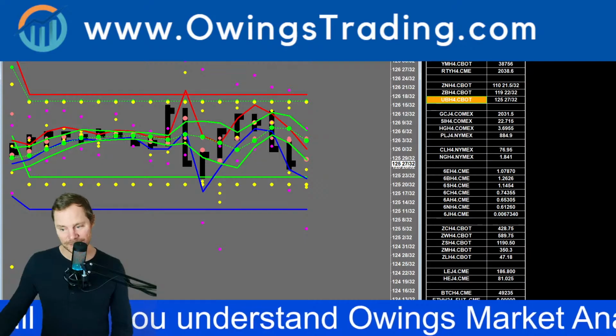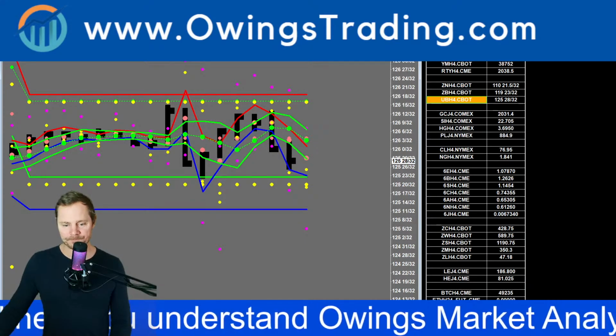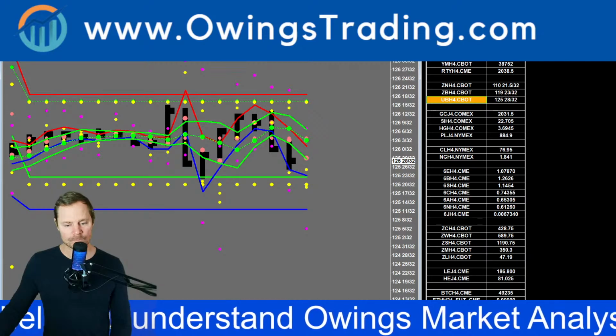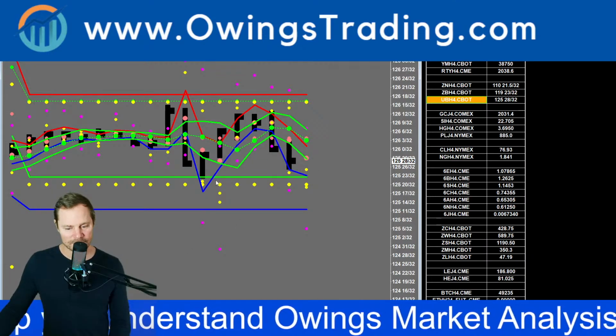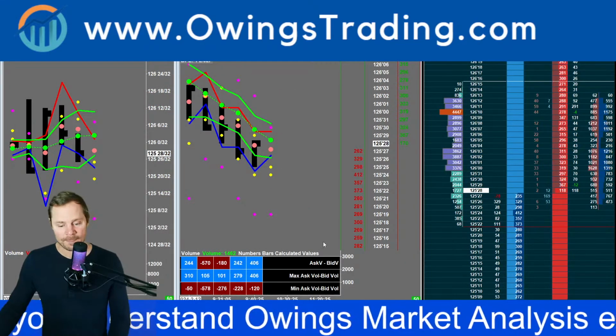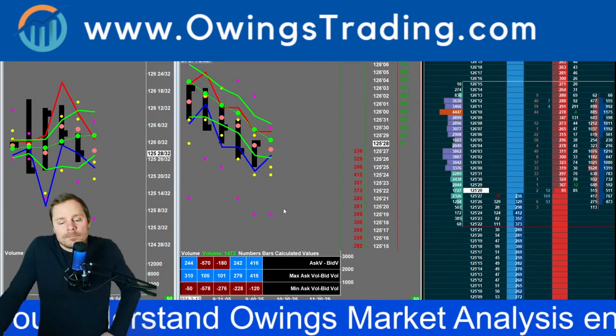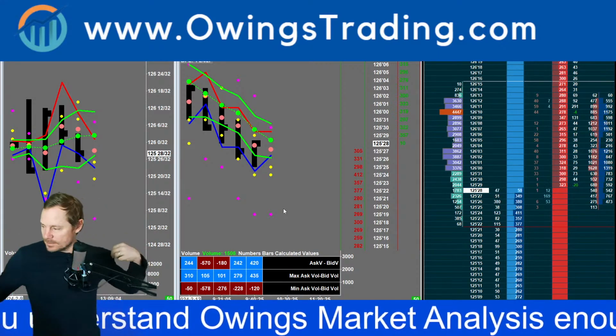So gold still at 2031, silver 2270. Yeah, here's ultra bonds. I think they're going to try and take out those lows. That's just my sense of it for now.